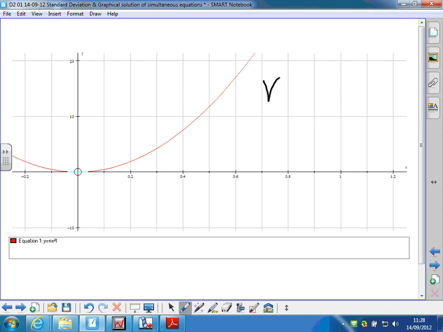So this is a graph of volume equals pi r squared L, where the volume is on the y-axis, the radius is on the x-axis, and the length equals 15 units. It's fixed. So that's a constant, and we've now got a graph of volume against radius that we can read off.